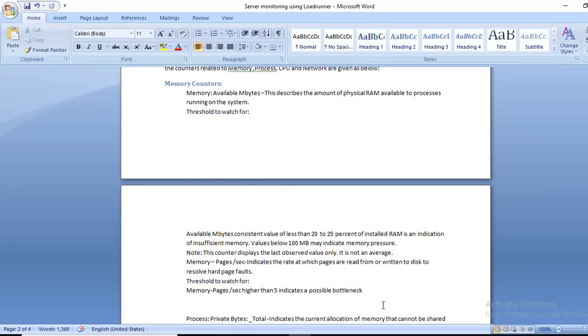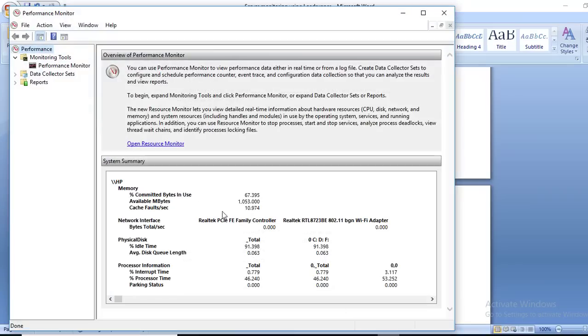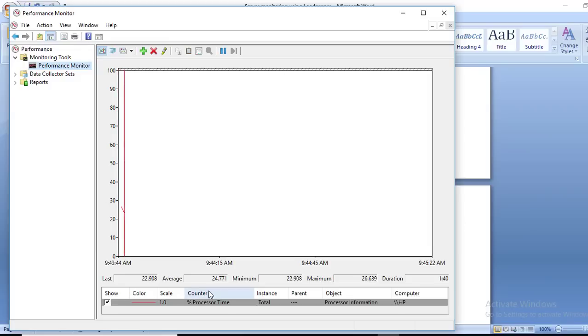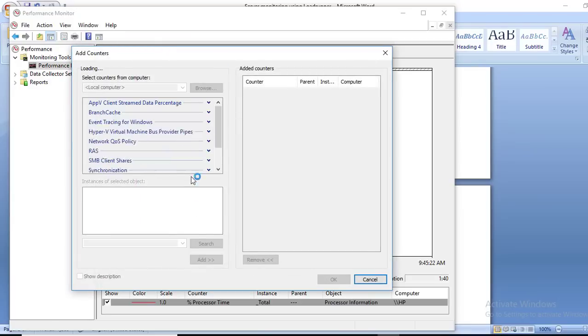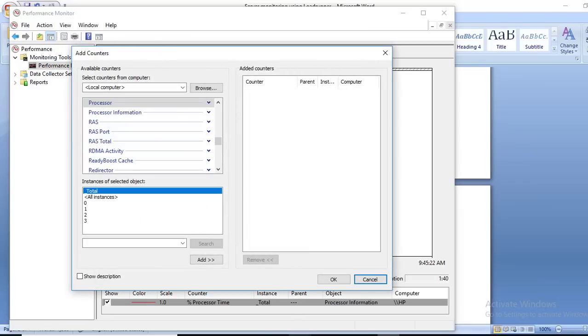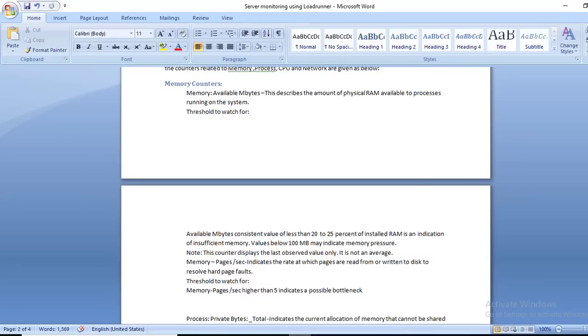So let us see in performance counter. These are performance counters. You see this is the processor time counter. We can add performance counters as well. Let us see where memory is located. Available MBytes, so this is the counter. A consistent value of less than 20 to 25% of installed RAM is an indication of insufficient memory.